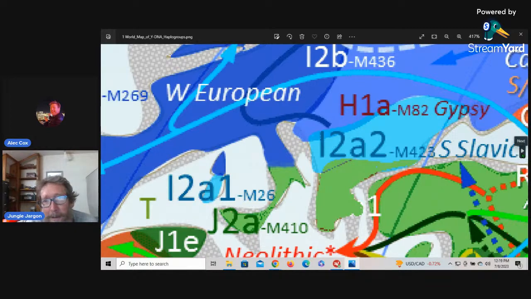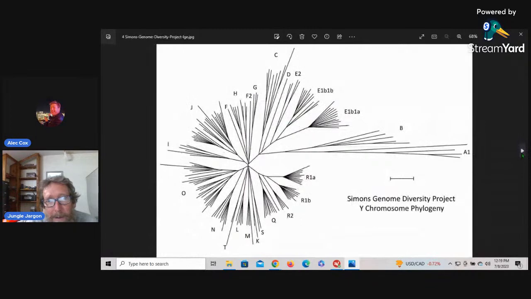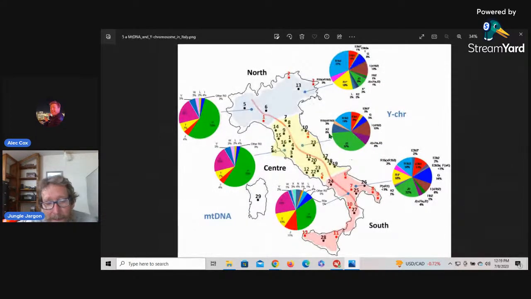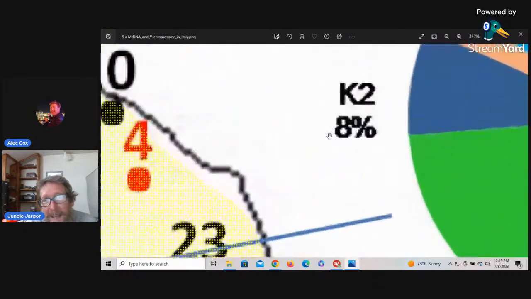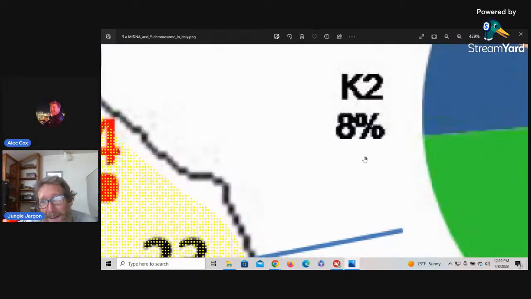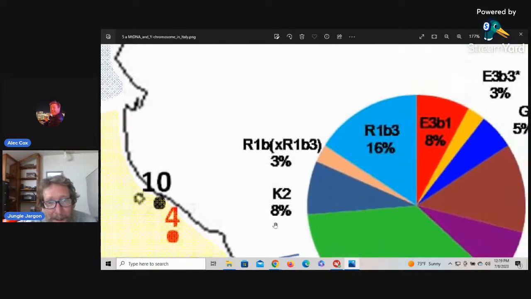So I went and checked over here, and look at this. 8% of central Italy is still K2 from the original population of Tubal in Italy.